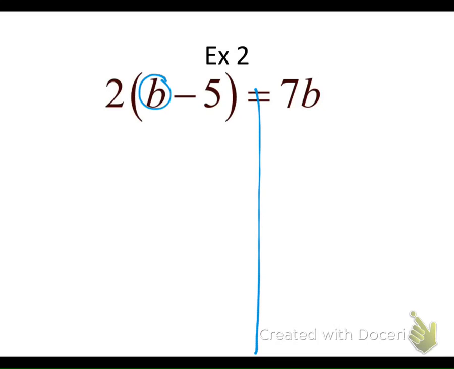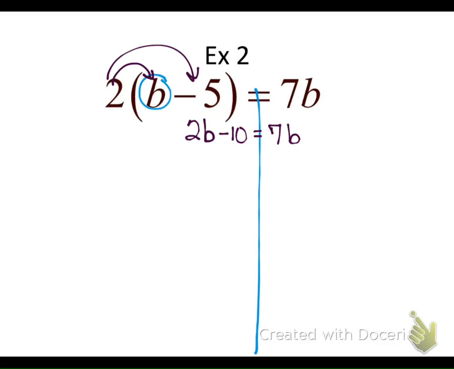And then I'm going to distribute the 2 times negative 5, which will be? Can I combine like terms on the left side? No. So step 1 is done. I simplified. I distributed. I combined like terms. So I moved to step 2.